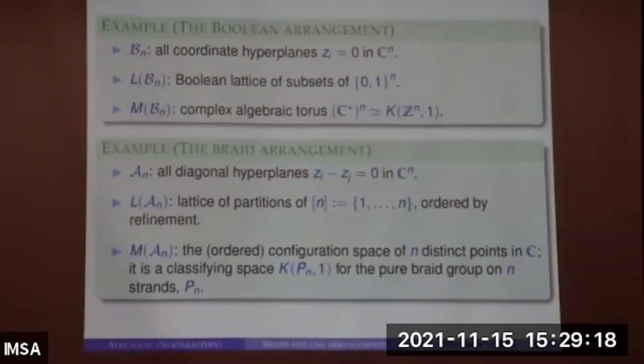The intersection lattice is the lattice of all partitions of the set {1, ..., n}, ordered by refinement. The complement is the ordered configuration space of n distinct points in C, which is a spherical space, a K(pi,1) for pi equal to the pure braid group on n strings. Right? So remember all that from Mario's talk. This was also his motivation for this talk on K(pi,1) arrangements.